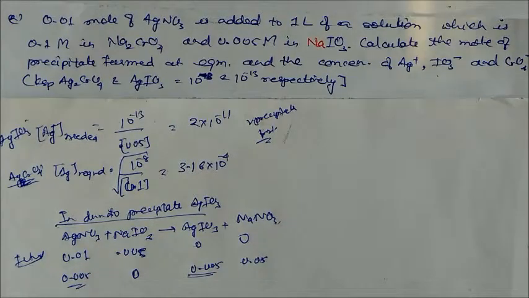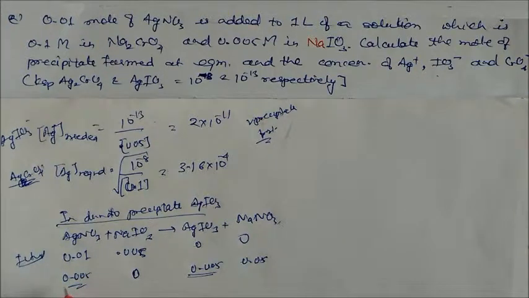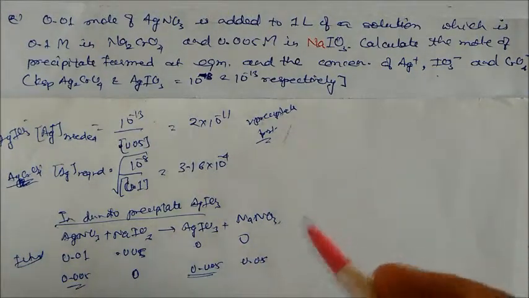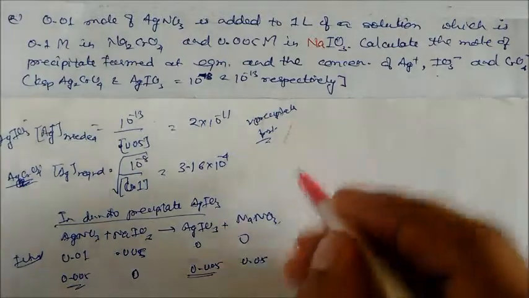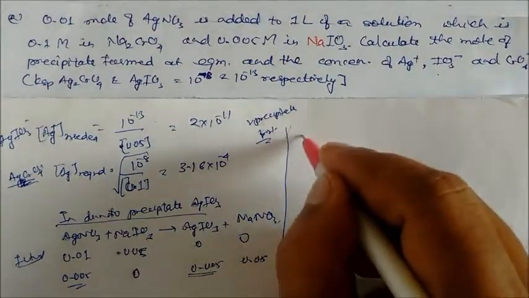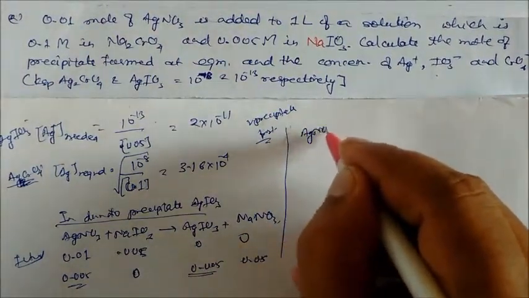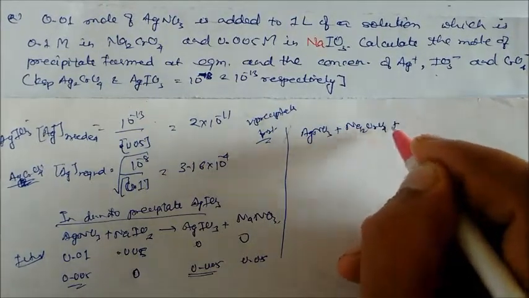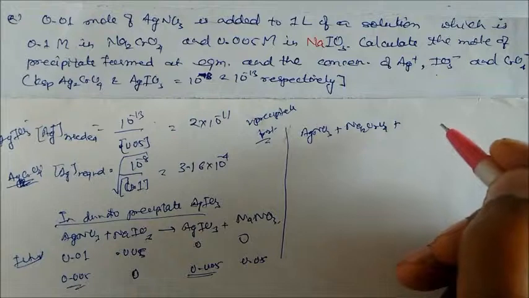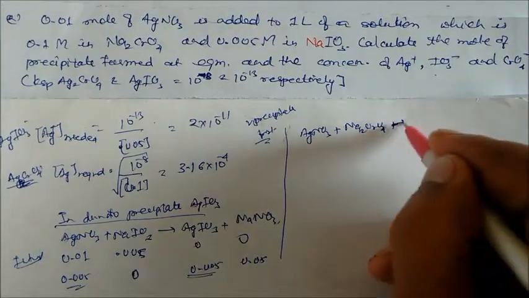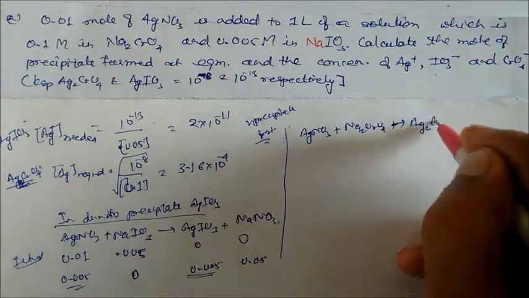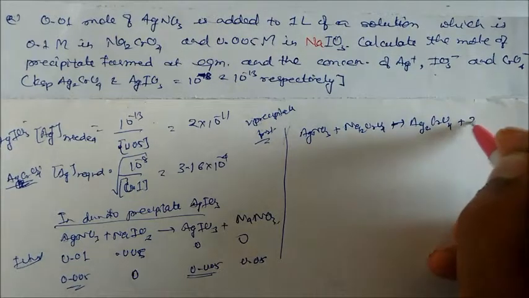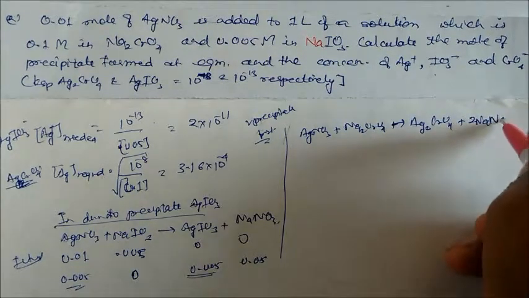Now the left mole of silver nitrate will precipitate which one? Silver chromate. So we write the next equation: silver nitrate plus Na2CrO4 gives Ag2CrO4 plus 2 sodium nitrate.